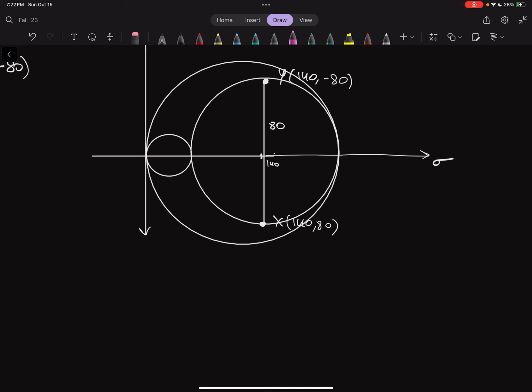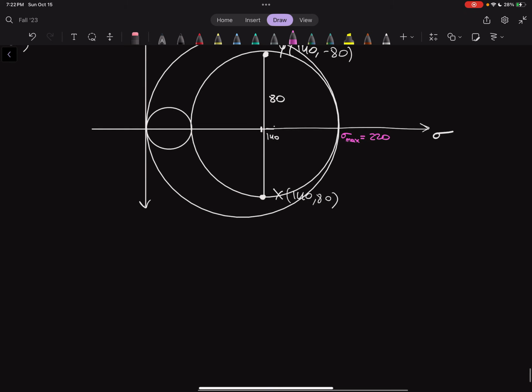So we can say that sigma max is going to be 140 plus 80, which is 220. And so tau absolute max is going to be 110 megapascals.